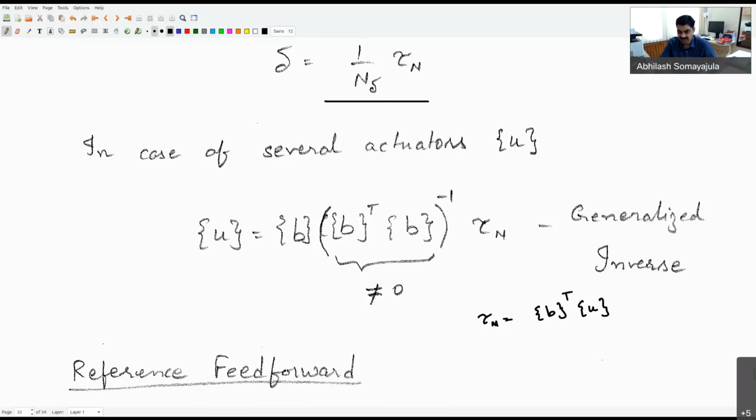Now, since B is not a square matrix, I can't just take B transpose inverse in order to find out what will be U. So I have to go with a so-called generalized transpose method, which is what you're seeing here. Basically, if you substitute this B transpose U into here, you will see that this basically becomes B times B transpose divided by a scalar value, which is non-zero. That's what it is doing.